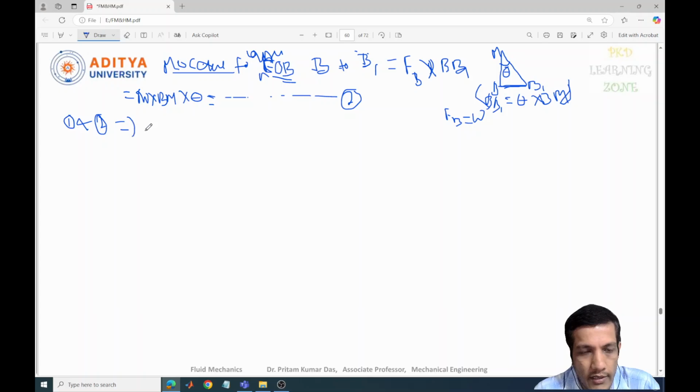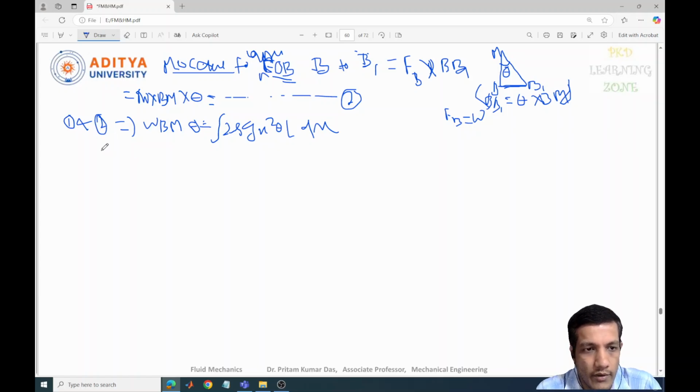We will get W BM theta equal to integration of 2 rho g x square theta L dx.